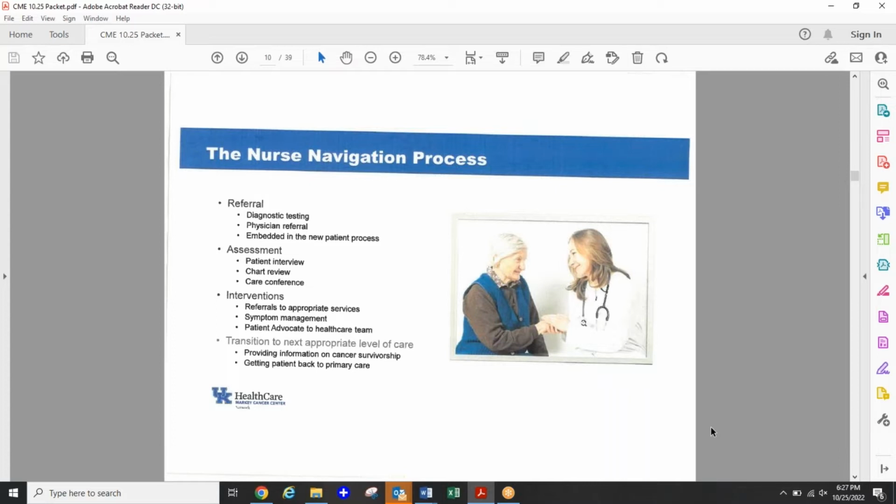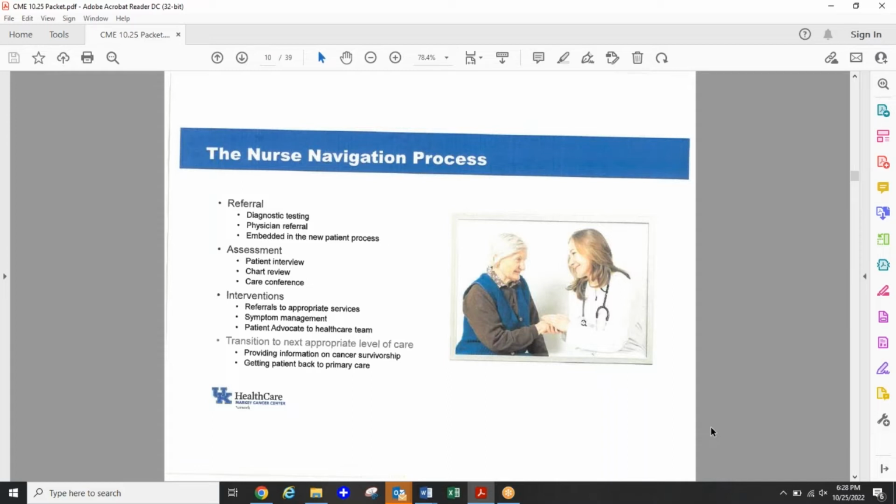We sing its praises all the time, but it's important that when those survivorship care plans come back to primary care, you know what those are for. Amy, as the navigator, helps to make that happen, and she can connect the patients that way. So that is the process for navigation in oncology.